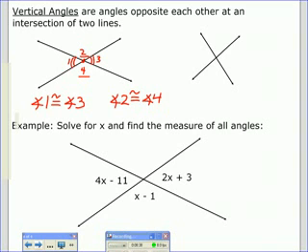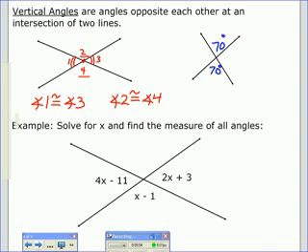So what that means is, if I'm given one angle at an intersection and there's only two lines involved intersecting, I can figure out all the other angles. Let's say that I know that this angle over here is 70 degrees, and these are just two lines intersecting. Well, I know the angle that's vertical to it also must be 70 degrees.